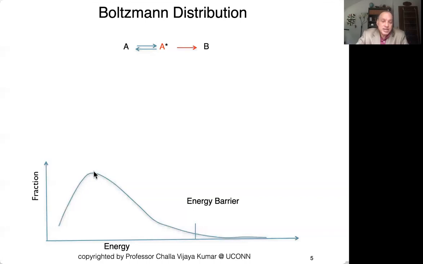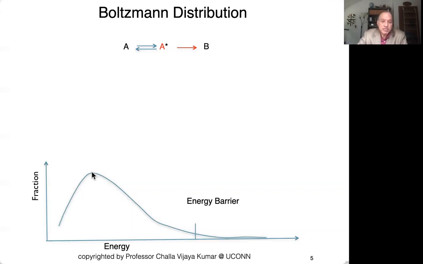And then that fraction drops off, because the distribution function is a product of two functions. One function is growing as a function of increase in energy. The other function is decreasing as you increase the energy of the system. When they multiply together, you get the total probability, and that probability is this distribution function, showing there is a maximum point where the maximum number of molecules possess that amount of energy.